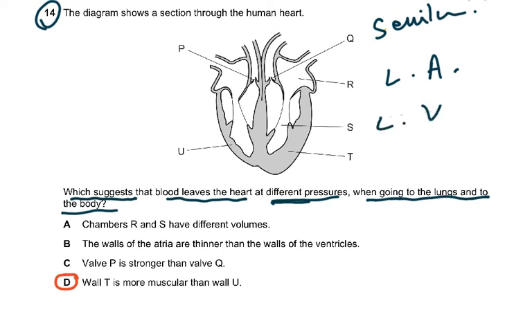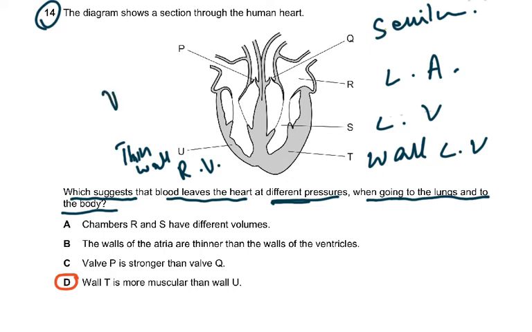S is the left ventricle. T is the thick wall of the left ventricle. U is the thin wall of the right ventricle, and P is the semilunar valve which is opening into the pulmonary artery. So this is the pulmonary artery going to the lungs, and this is the aorta coming out here.